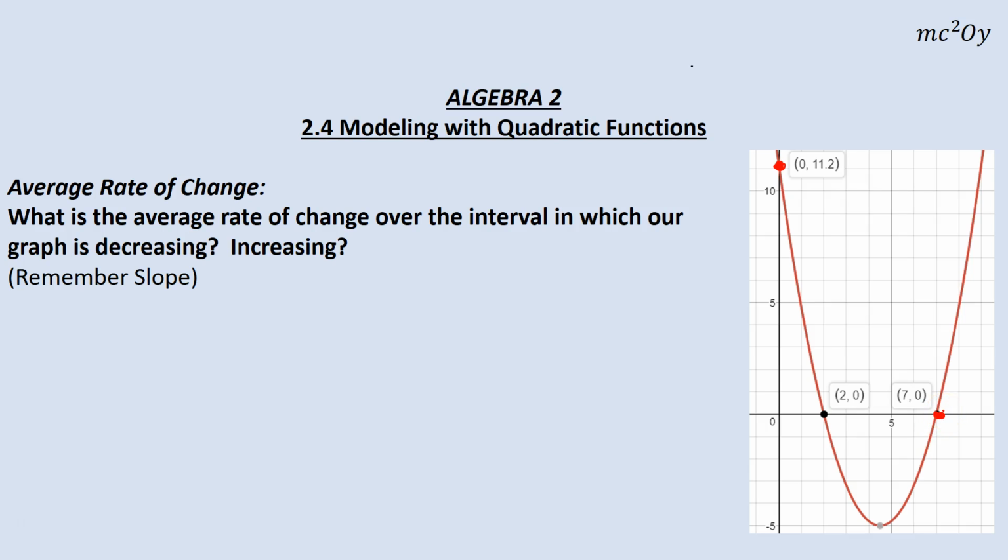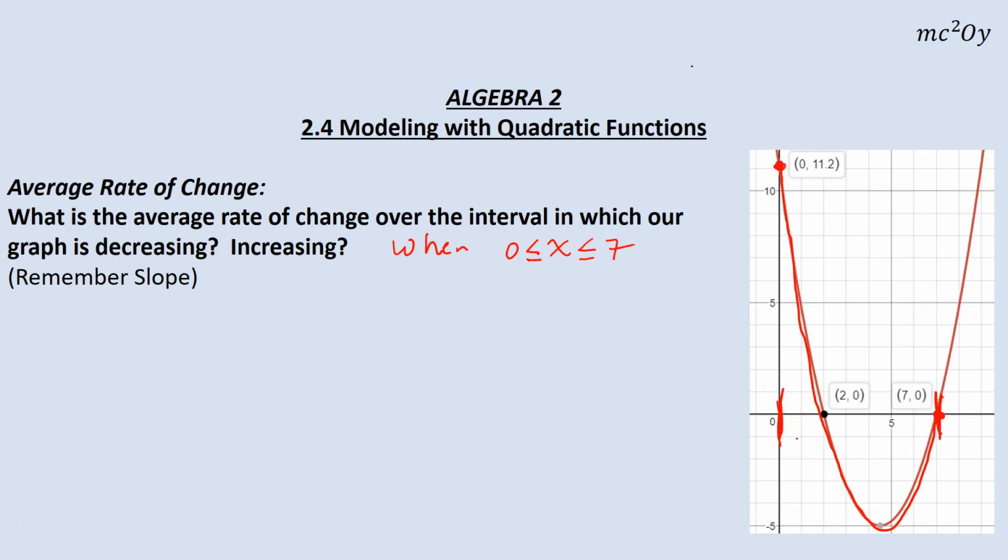So I am going to put a domain on this graph, a rule here: when x is greater than or equal to 0, but less than or equal to 7. So in other words, find the average rate of change over the interval in which our graph is decreasing and increasing when x is greater than or equal to 0, so starting here, and less than or equal to 7. So in other words, between here and here.